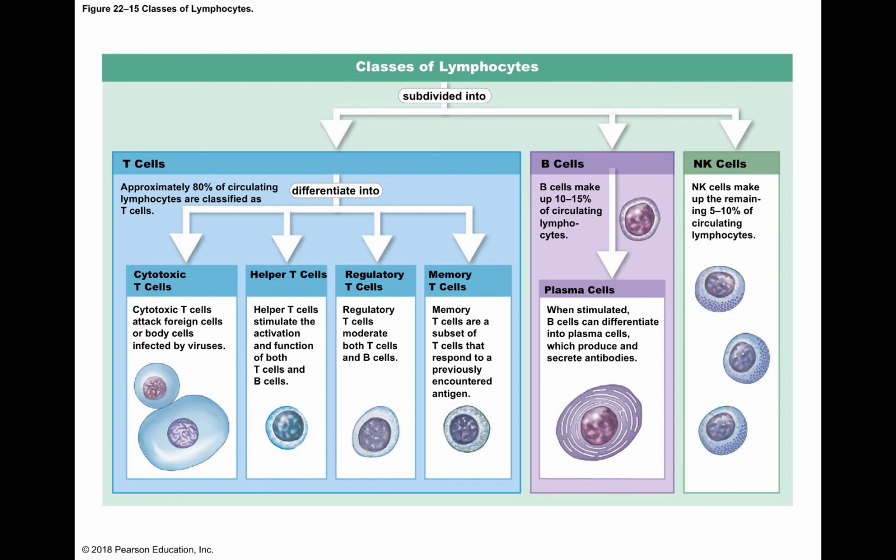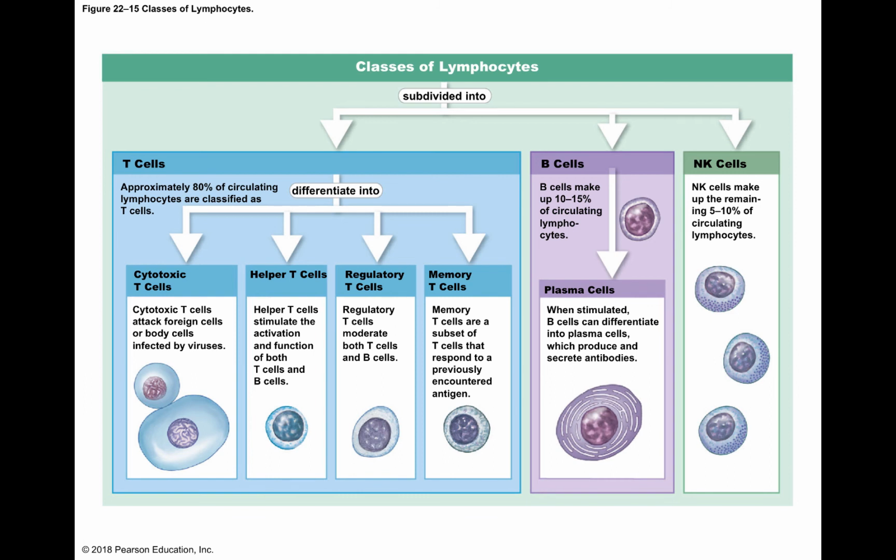This picture is showing the different types of T cells and B cells. Like I told you, this would be a great diagram to study. All you have to know is a little bit about each one. T cells can be cytotoxic. That's going to directly shoot chemicals out. Helper T cells are going to get other T cells and B cells to help. Regulatory T cells are going to help slow down after we start to win.